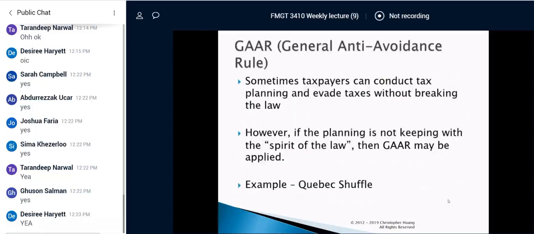Government also has a rule that's called the GAAR rule. They call it general anti-avoidance. And this rule is in place because let's say, for example, someone does a transaction and says, hey, government, I get this tax result that is really great. I get to keep it because I did everything all within the words of the law.